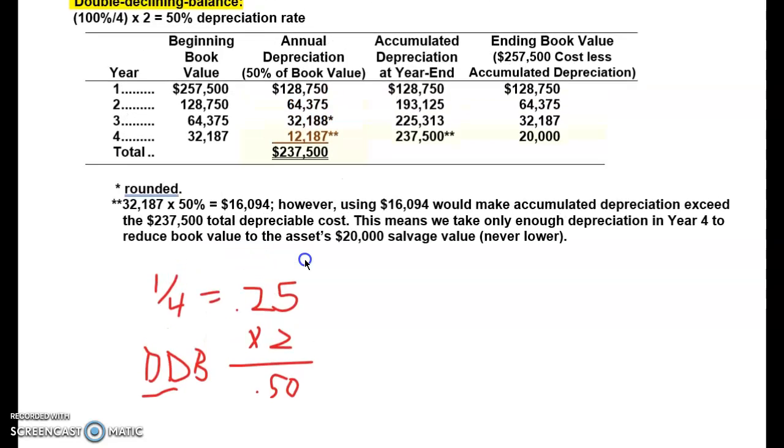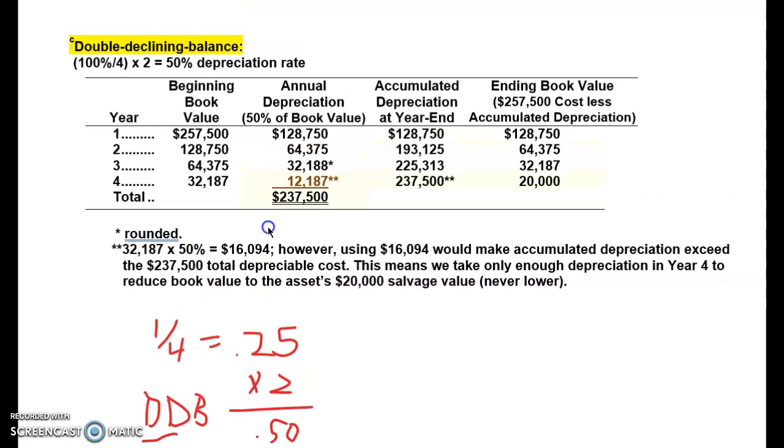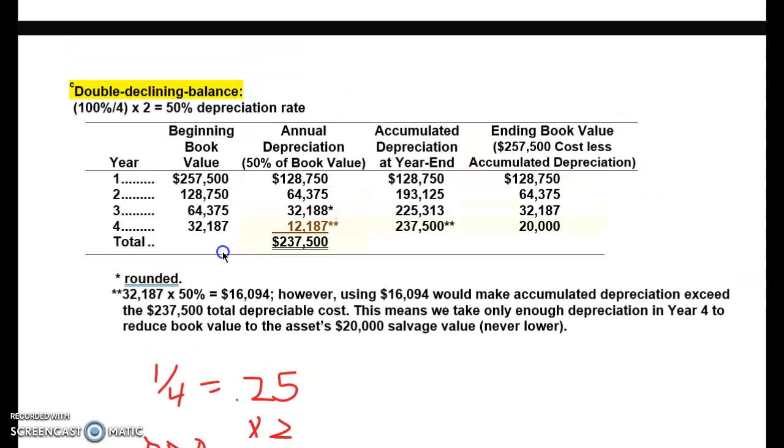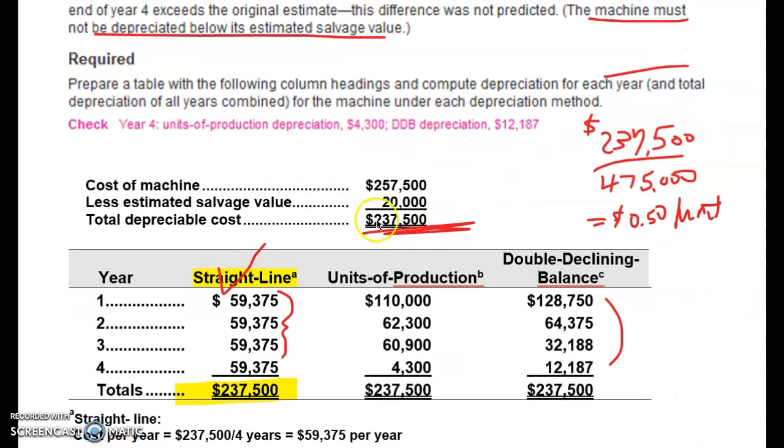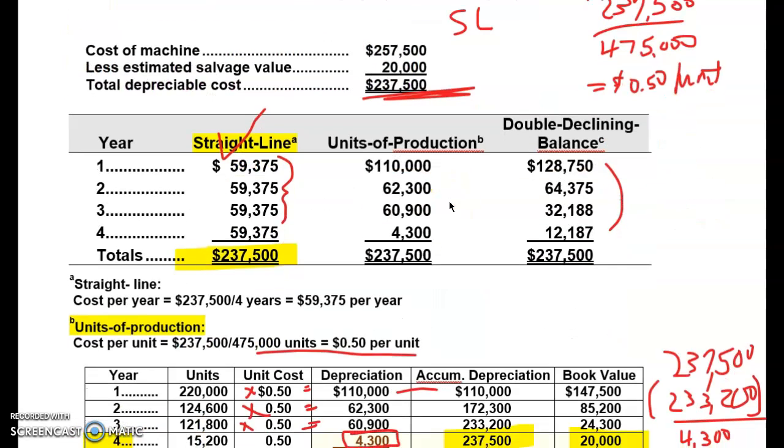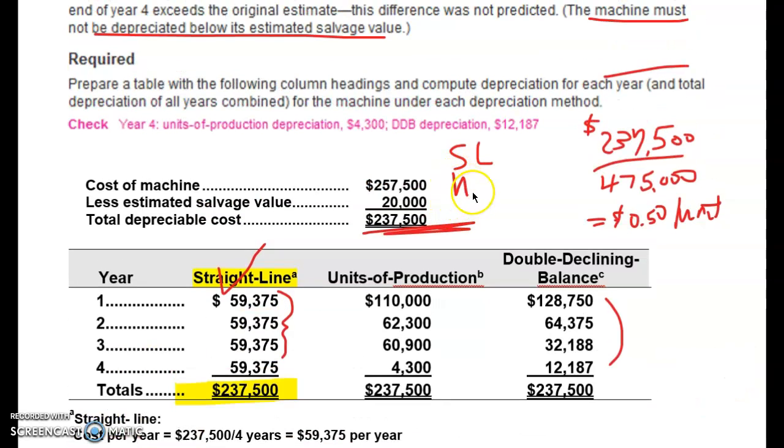Why is it declining? So let's just do the math. All right, so there's something weird, really weird, that after a while it won't be weird anymore, but it's different than what we've done so far. And I may have said earlier that we needed 237.5 for all of them, but we actually just need it for straight line and units of production.